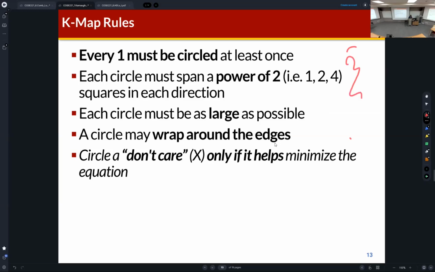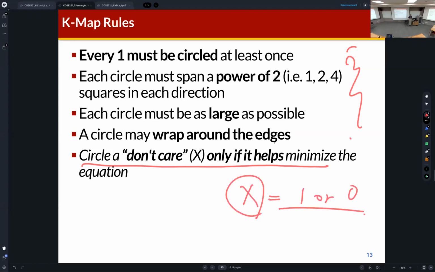Okay, if the don't cares are included in the truth table, then we need to also consider the don't care. Which means we can circle a don't care if it helps minimize the equation. So don't care means that the input can be 1 or 0, but it's don't care.